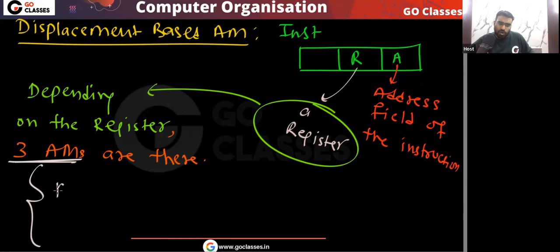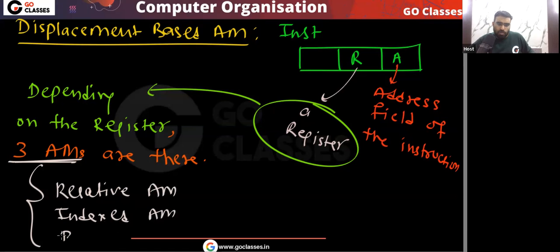I told you relative addressing mode, indexed addressing mode, and base register addressing mode. What is the difference in all of them? It is this register. Depending on which register this is, you can have three addressing modes.